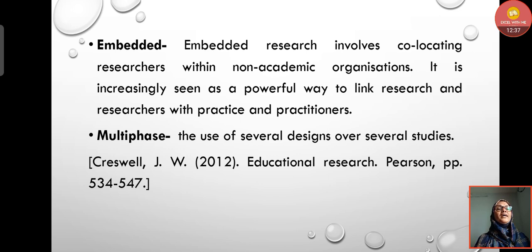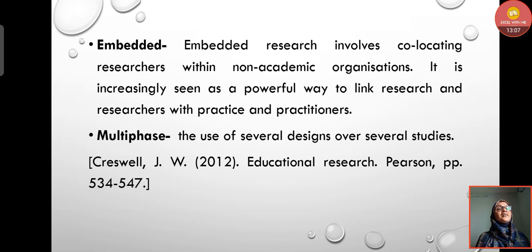Then embedded. Embedded research involves co-locating researchers within non-academic organizations. It is increasingly seen as a powerful way to link research and researchers with practice and practitioners. So here we take the academic organization, educational problems related.